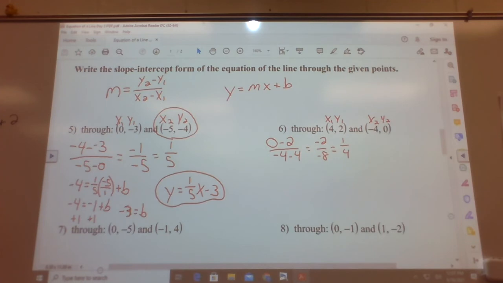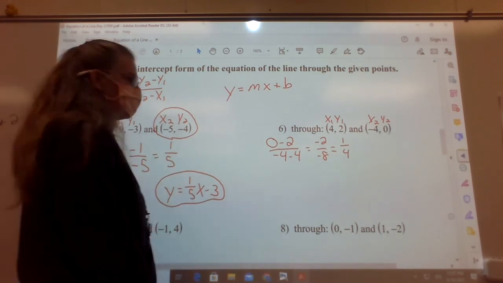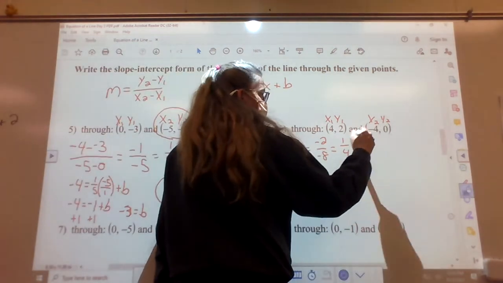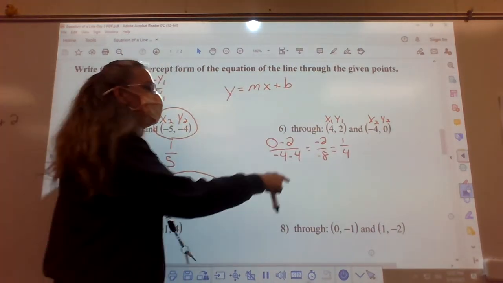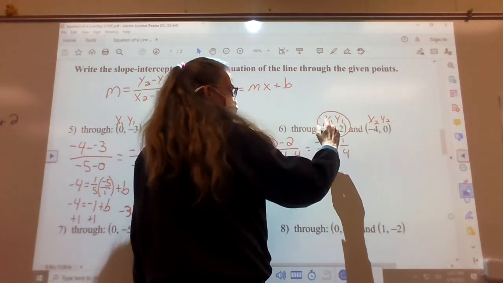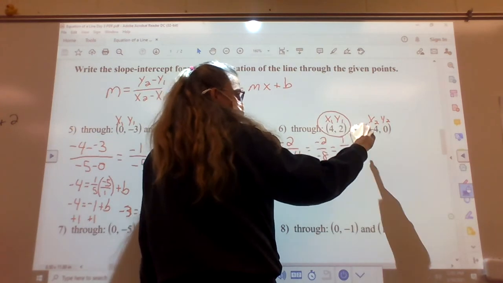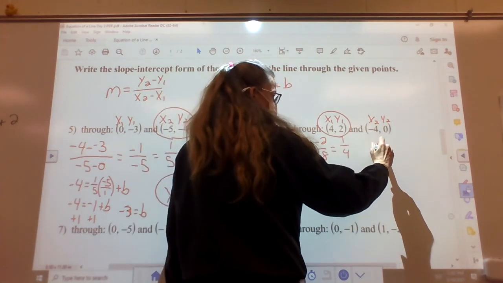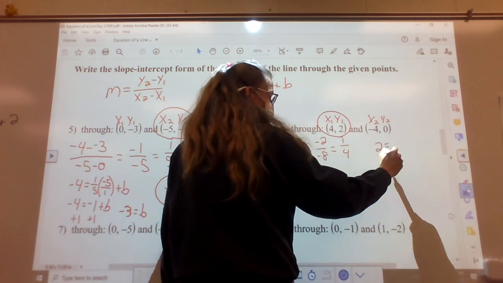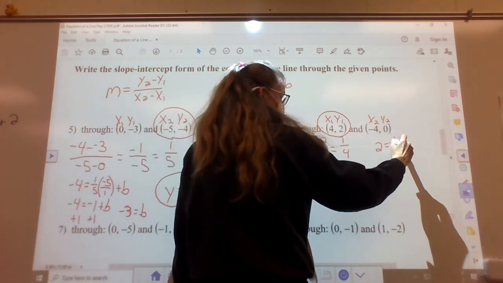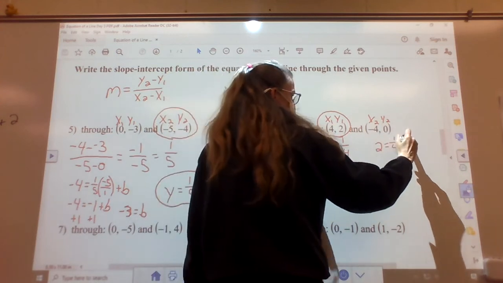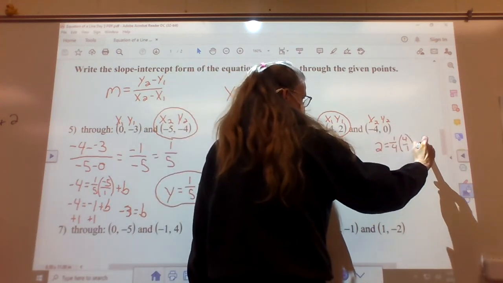Now I can plug that into y equals mx plus b. So y, which one do you want to use? 4, 2 or negative 4, 0? So if I'm using 4, 2, I'm going to use this one. Y is 2 equals m, I just found, x, 4/1, plus b.